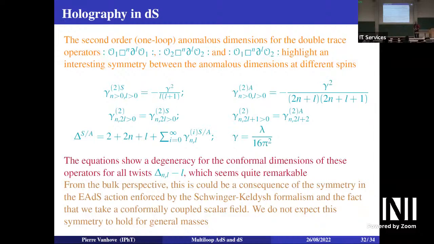So in a sense, I would say that this validates the procedure that we used. This way of renormalizing is maybe not a standard way to treat the renormalization of the Witten diagram, but it seems to be working and giving the right data.